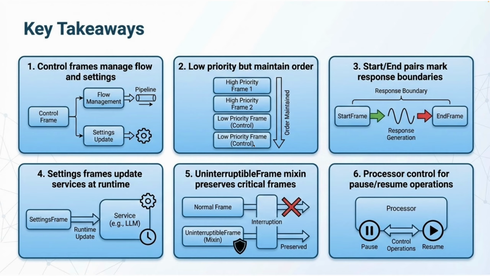So these are the few things to keep in mind for control frames. In the next video we will be talking about processors in detail: the different types of processors, filter processors, aggregator processors. All of these processors we are going to discuss in detail in the next video.